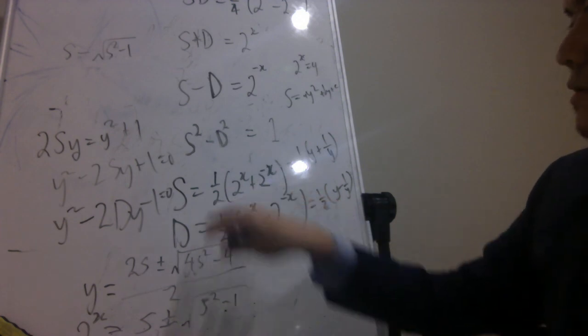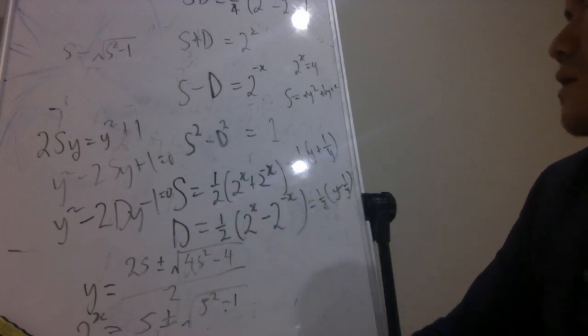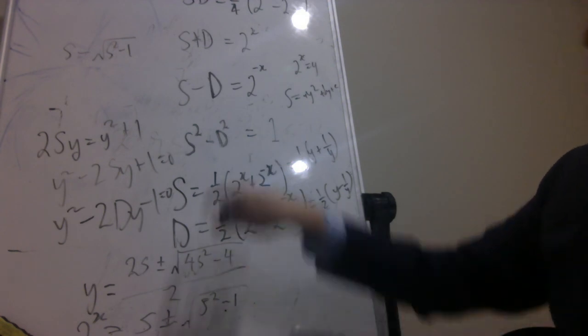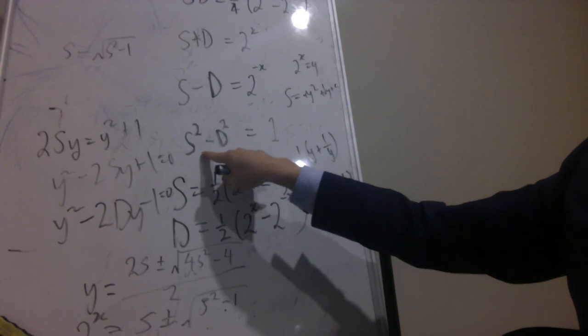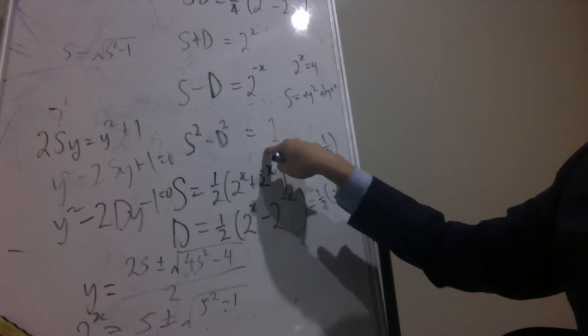And that's 1. S squared minus 1. What is S squared minus 1? It's D squared, isn't it?